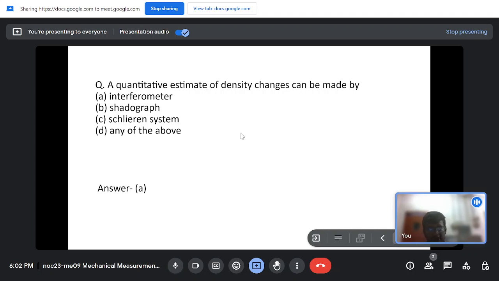The others give you a difference in illumination, which gives qualitative information about how the density is varying. So B and C, shadowgraph and Schlieren system, give a qualitative estimate, while a quantitative density variation can be inferred from the interferometer. So the answer is option A.